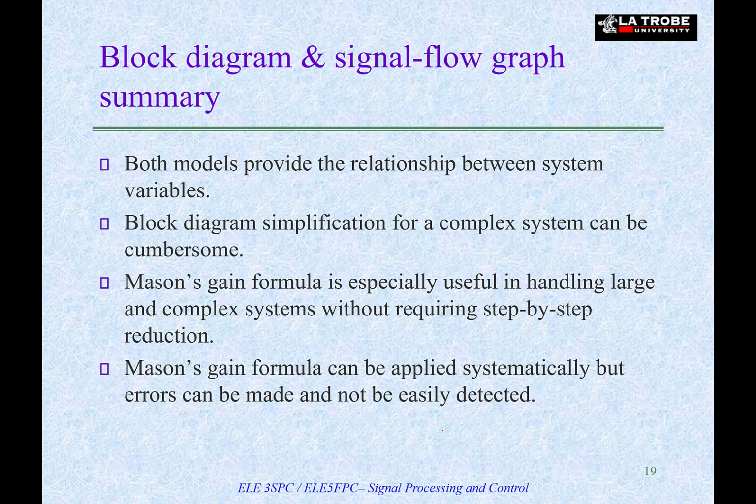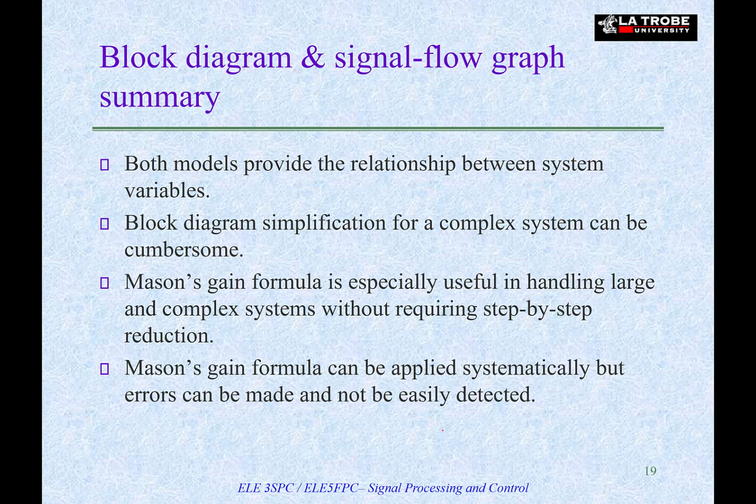Now let's have a summary of block diagrams and signal flow graphs. These 2 graphical models illustrate the relationship between system variables. For block diagrams, the simplification procedure can be cumbersome for a complex system.